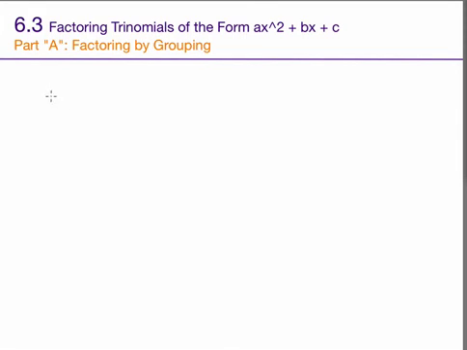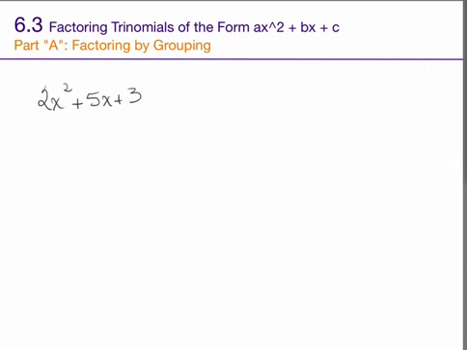Let's do question number 2. Factor 2x squared plus 5x plus 3. Now, if you can see it, that's great. But if you can't, and frankly, even if you can, note that there's a foolproof method for factoring trinomials.